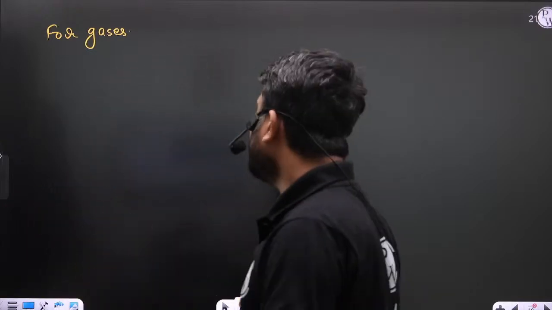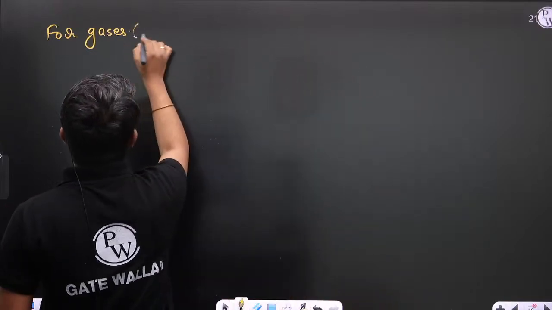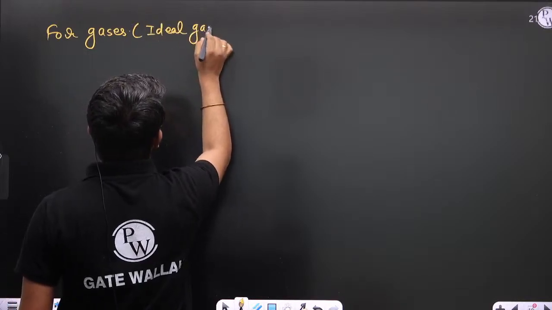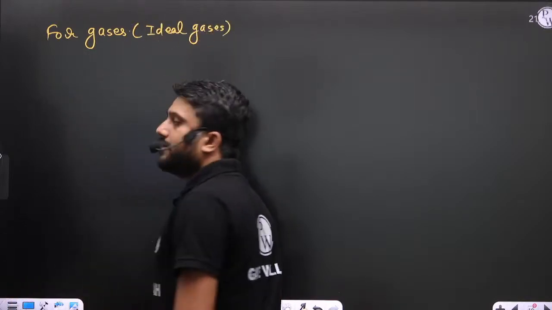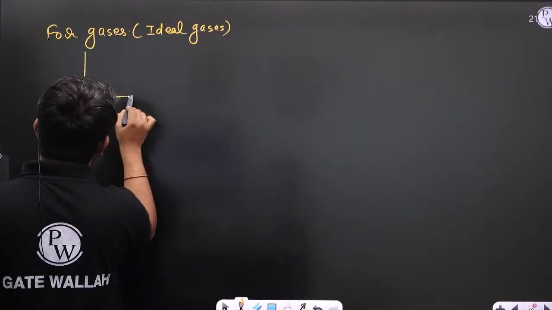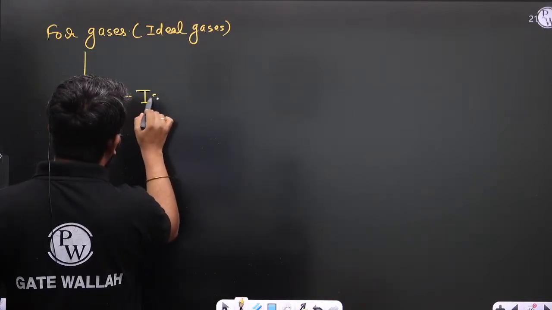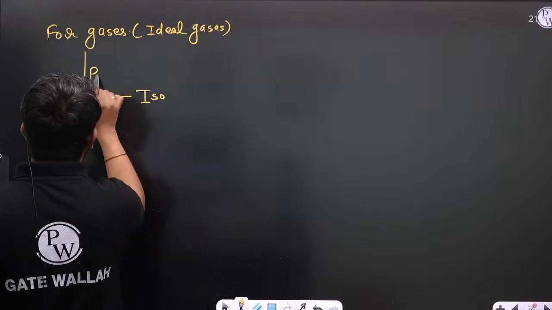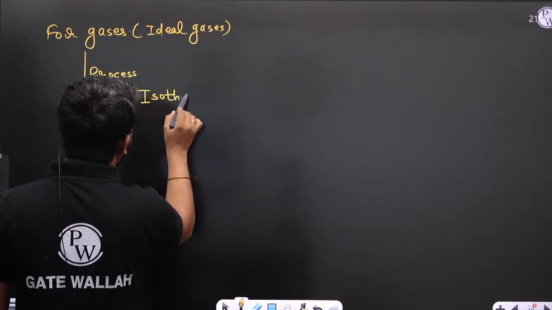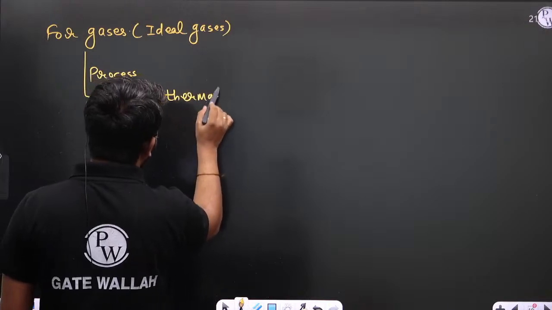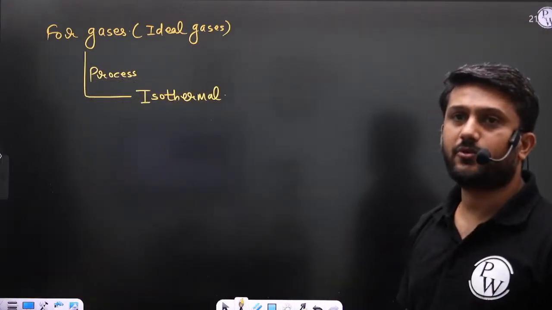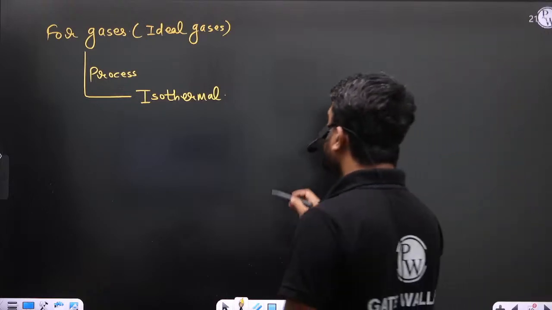So let us consider gases, and those gases are considered as ideal gases. So if a gas process is isothermal, everyone knows isothermal now. What is the meaning of isothermal? What is the isothermal process?